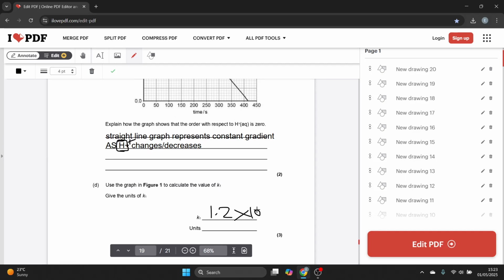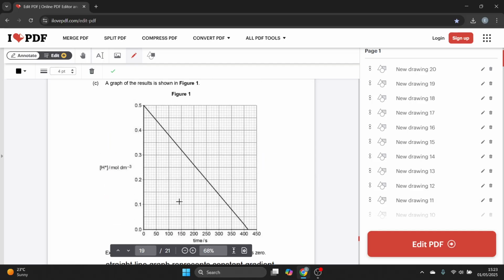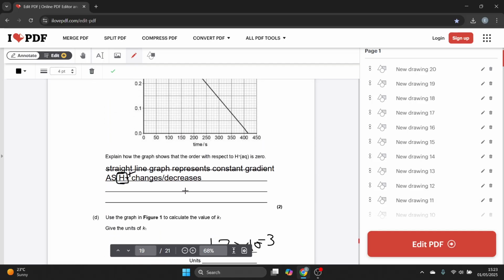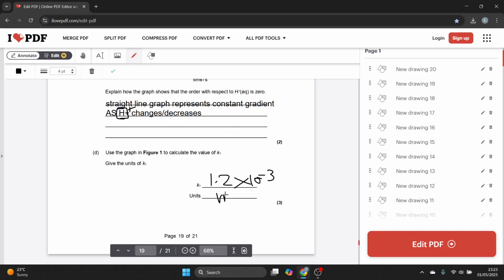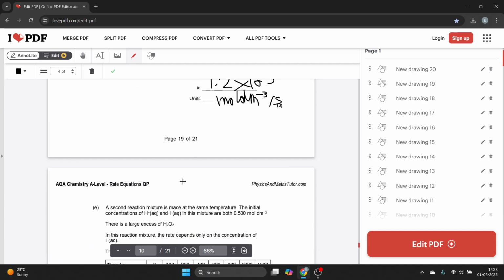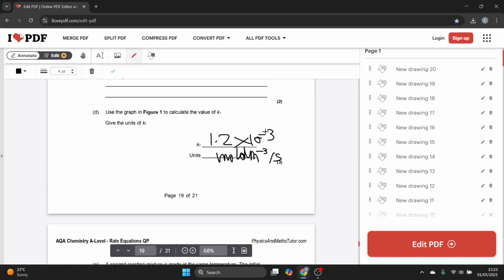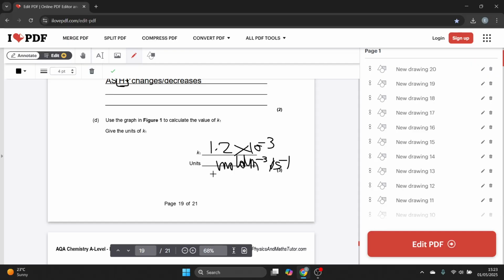And again, a very simple mistake: multiply minus cubed s. There you go. Well, that would lose me a mark because that's not the answer. It is multiply 10 to the minus 3 s to the power minus 1.